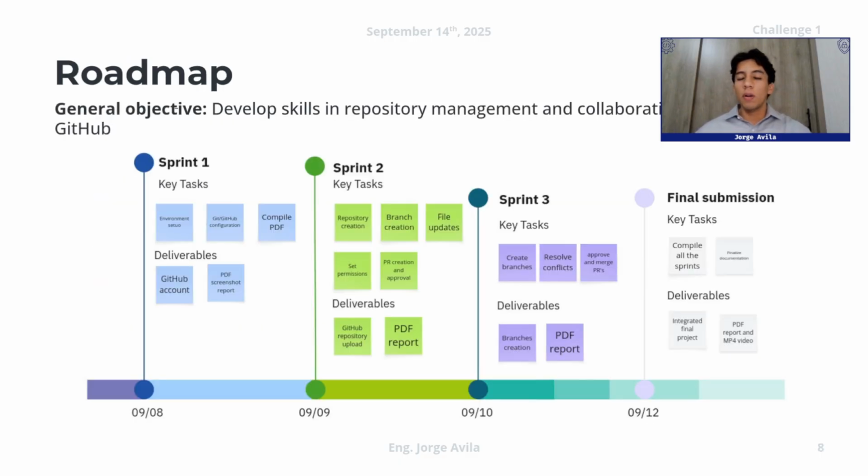And the roadmap of this challenge: the general objective is to develop skills in repository management and collaboration with Git and GitHub. As we see in this image of the roadmap, we have the four sprints that I mentioned before: sprint 1, sprint 2, sprint 3, and the final submission, and the beginning and the deadline of each sprint.